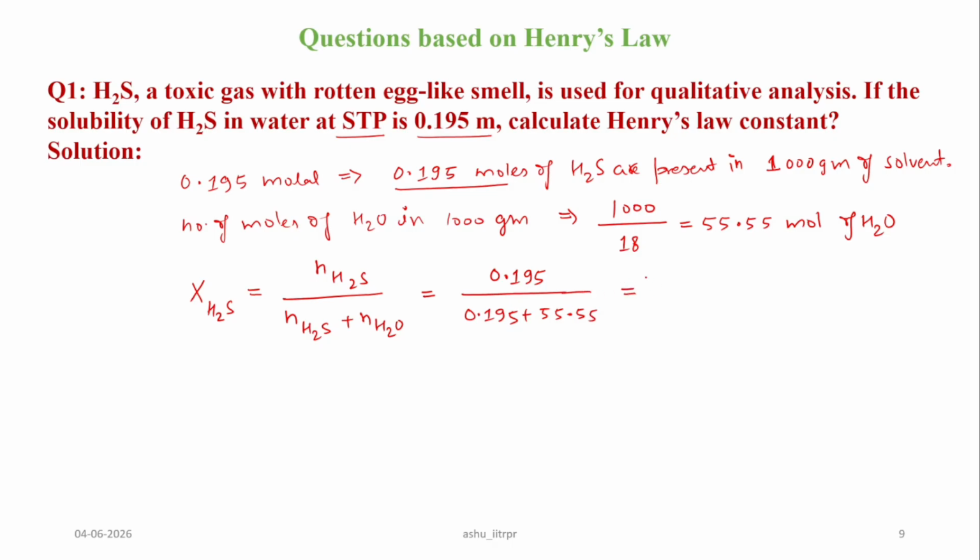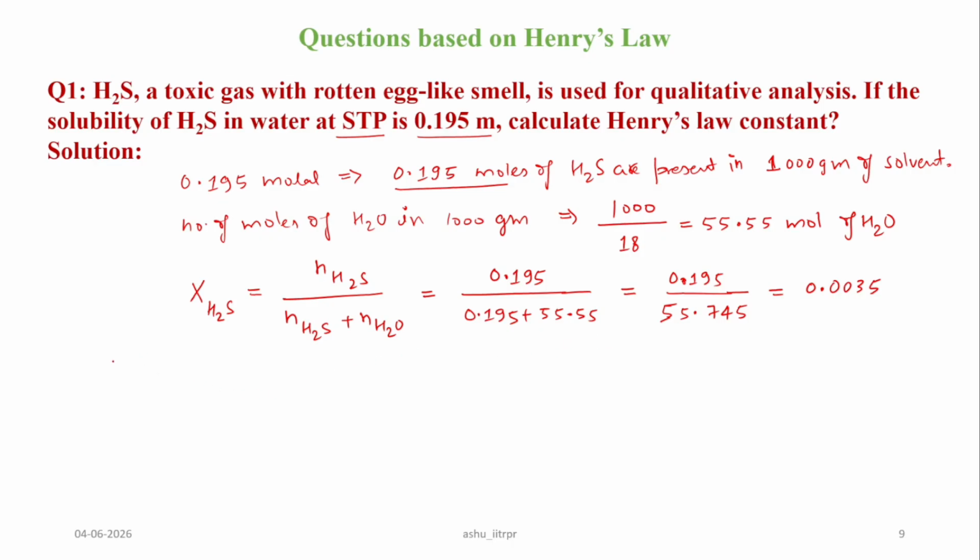When you sum this, it becomes 55.745. So 0.195 divided by 55.745, we get this value as 0.0035. This is the mole fraction of H2S.